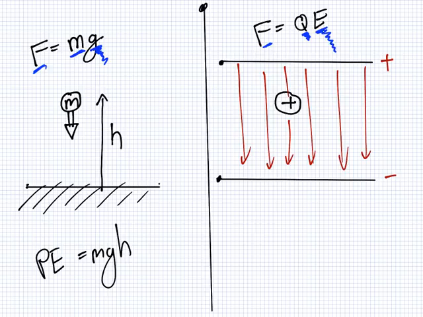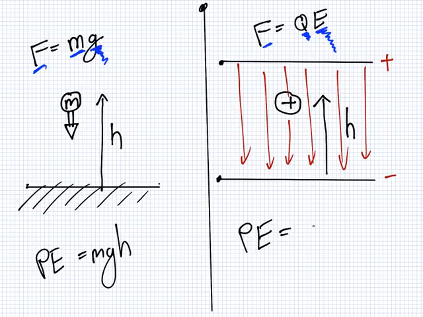So it's almost like these are the same problem, except instead of mass being the multiplication, it's the charge of the particle, and instead of the constant being gravity, the constant is the electric field. So if you were to make a guess by comparing it to something you've done before, what do you think the potential energy would be in this situation when it's at a height h?